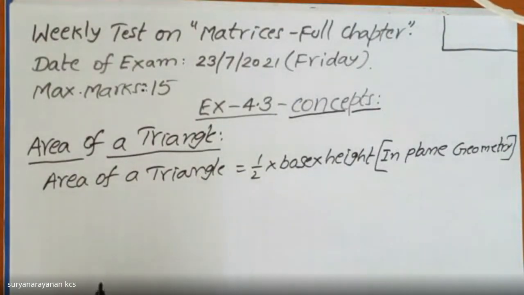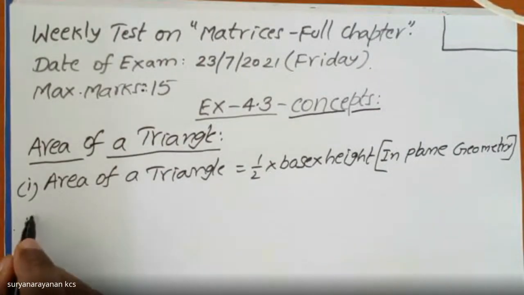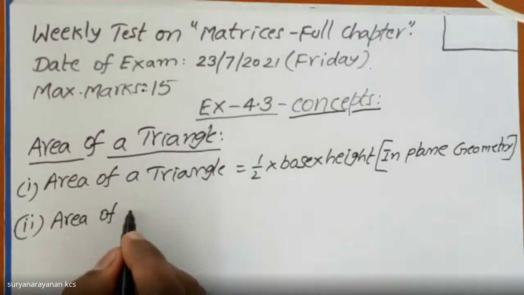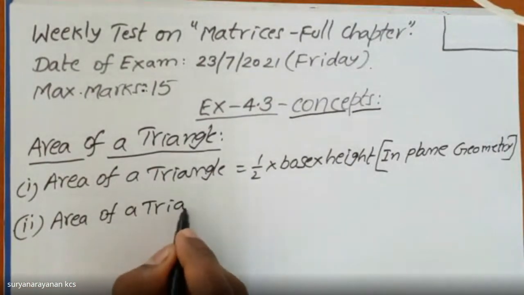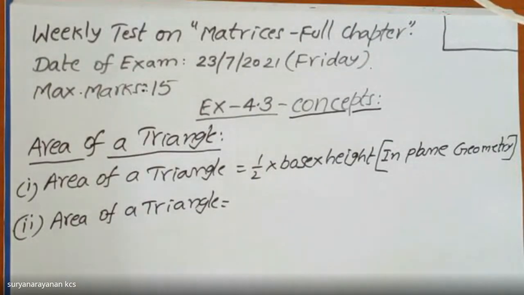Now come to coordinate geometry. You have learned area of a triangle in coordinate geometry also. Do you remember that formula? In coordinate geometry, the vertices of the triangle will be given: ordered pair x1 comma y1, ordered pair x2 comma y2, ordered pair x3 comma y3.